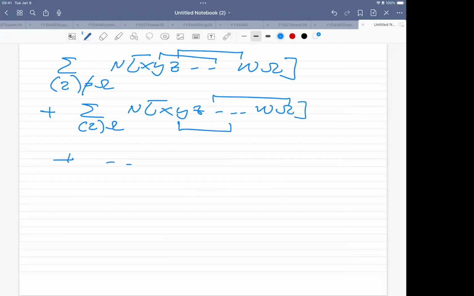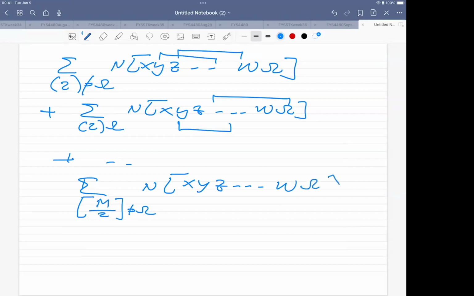And this goes on all the way up to the number of operators which we have, which we are going to call m, divided by 2. And this does not include omega. And then we have all the possible contractions between the pairs. And remember now that if this is an odd set of operators, we have to be careful. If we have an odd number of operators, we will always get 0.